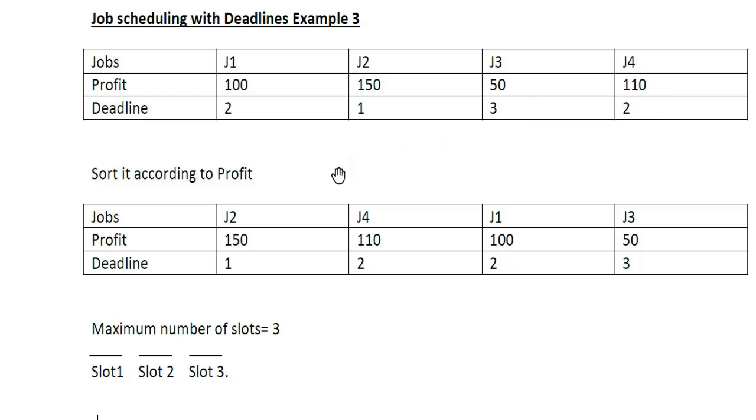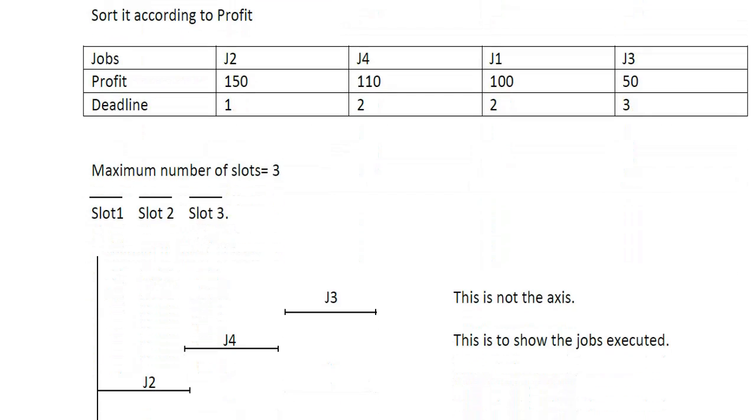After sorting based on the profit, we get job 2 first with 150, job 4 next with 110, job 1 with 100, job 3 with 50. Here the maximum number of slots is 3, so the processor can work in slot 1, slot 2 and slot 3.